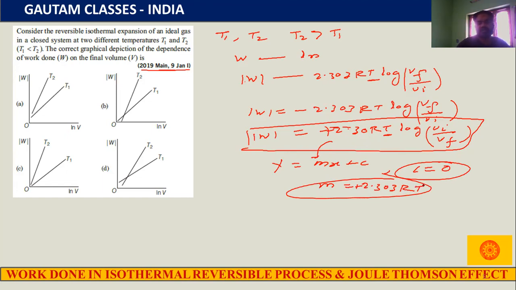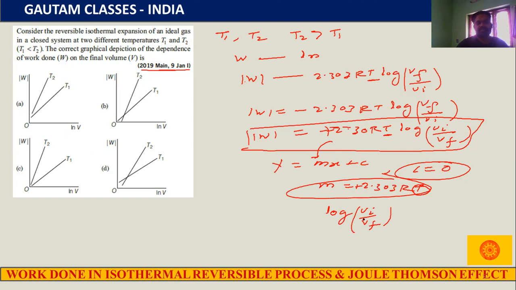Because of temperature they are going to change, so we are not going to consider that here. At two different temperatures we are going to plot a graph of work done versus volume. So those are the final volume. Look here, it is coming Vi by Vf. That means final volume is coming in just reverse.